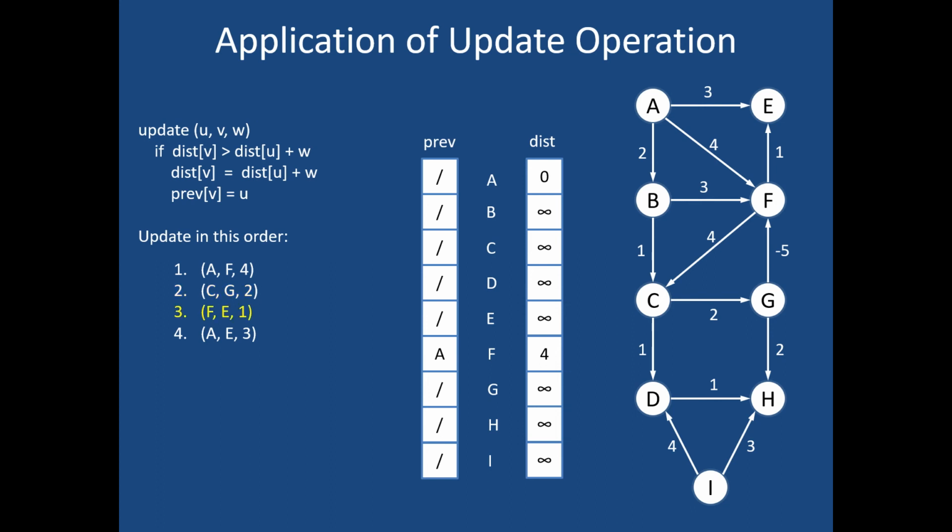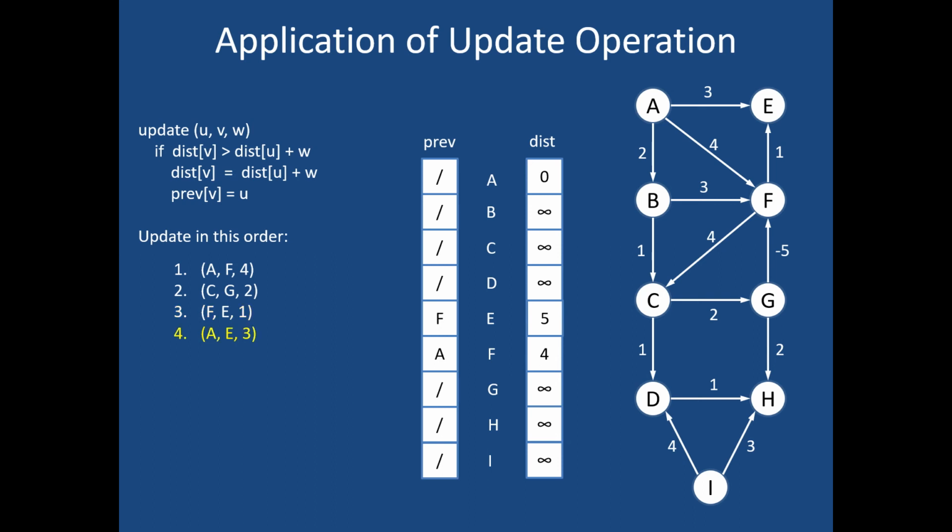What about FE1? So we know the current distance to E is infinite, and the distance to F is 4. So yeah, that update's going to work, and what's going to change? The distance to E will become 5, and E's parent will become F.